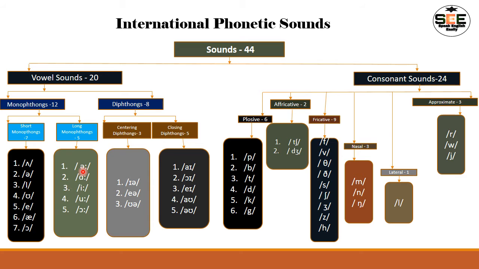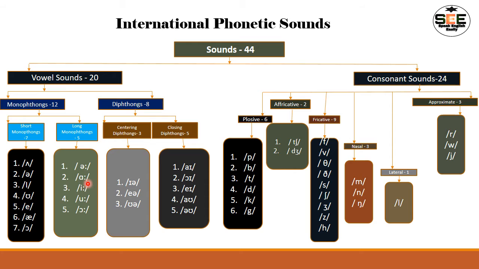So let's see the five long monophthongs. Number one, it is the opposite e, and then a colon, so it produces a long sound. It means there are two or three continuous, so we should produce it stretched. It is short, it is long, straight, right? Number two, it is a and then colon, so definitely it will produce a long sound, which means our mouth is going to open.